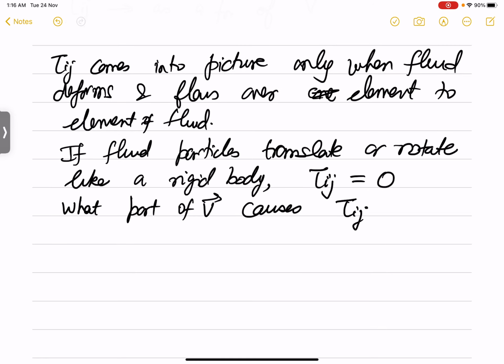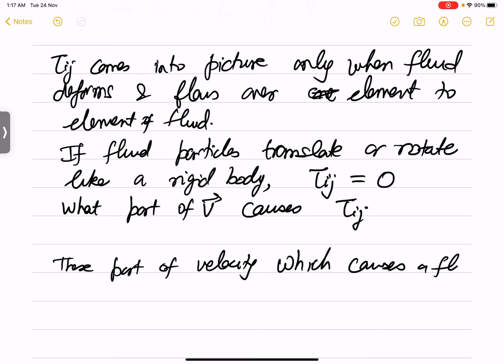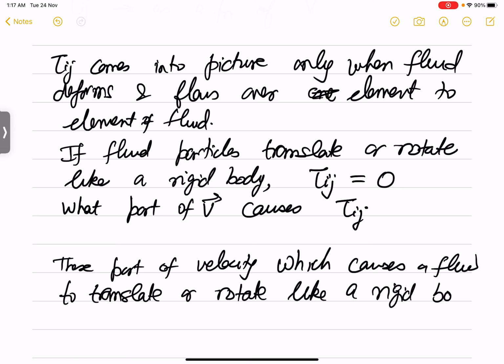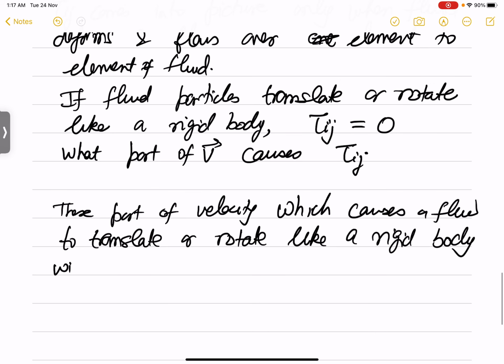Clearly, that part of velocity which causes a fluid to translate or rotate like a rigid body will not cause the viscous stresses tau ij. They will not contribute.